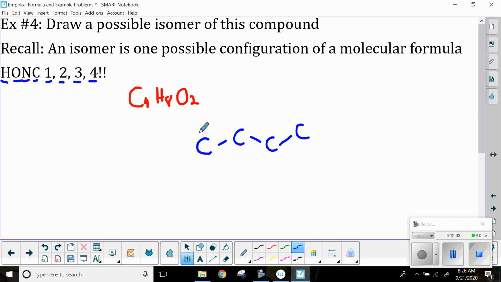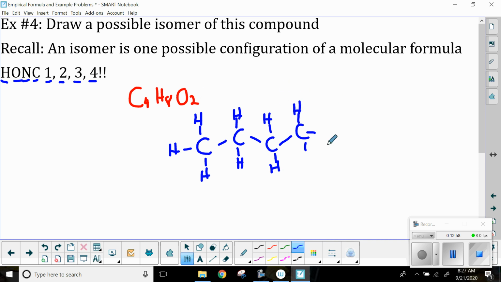I'm going to make sure all 4 carbons have 4 bonds. Just throwing on there some single bonds for the moment. And I'm going to start filling up my hydrogens. I need 8 of them. 1, 2, 3, 4, 5, 6, 7, 8.